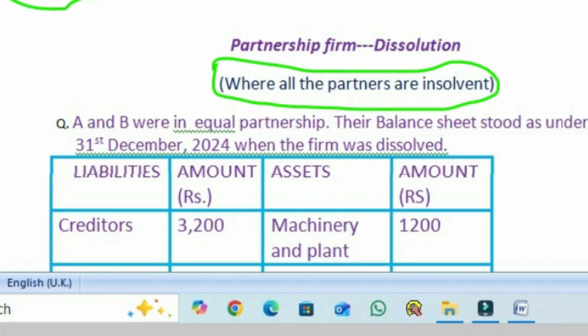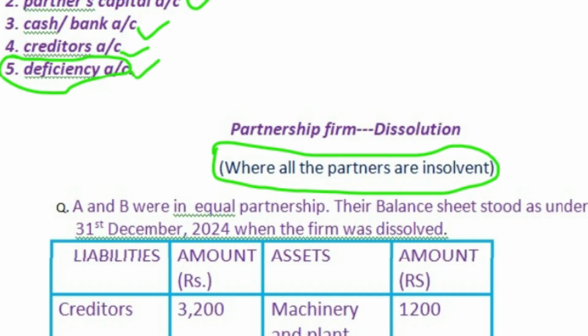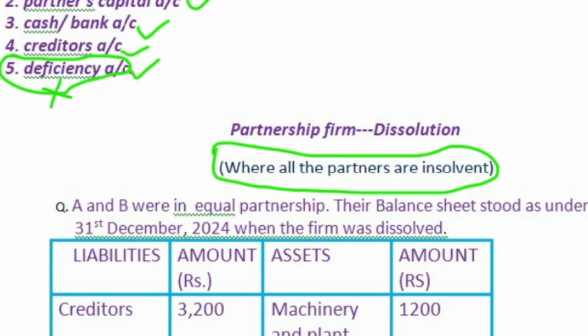Now in this connection I have taken one problem where all the partners become insolvent and the partnership firm is to be dissolved, and we see which accounts are prepared. When all partners are solvent, or any one partner is insolvent and the remaining partners are solvent, then the deficiency account is not prepared.